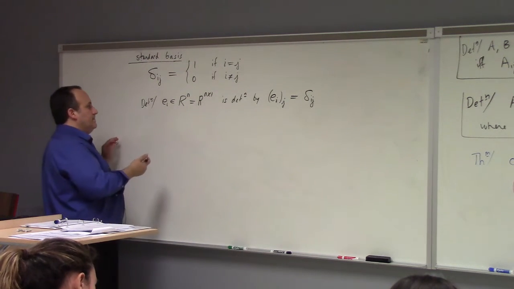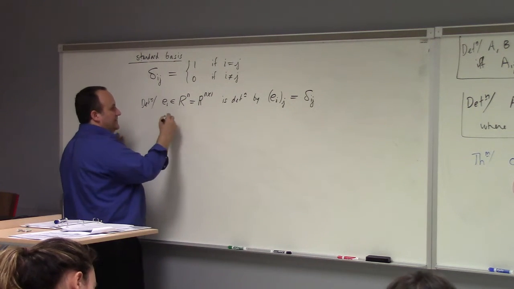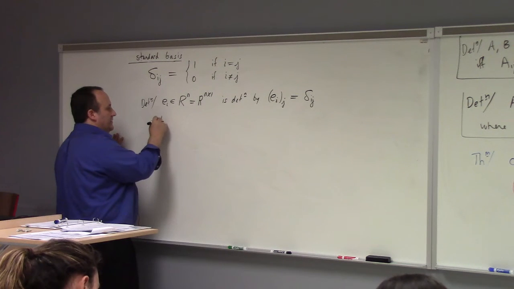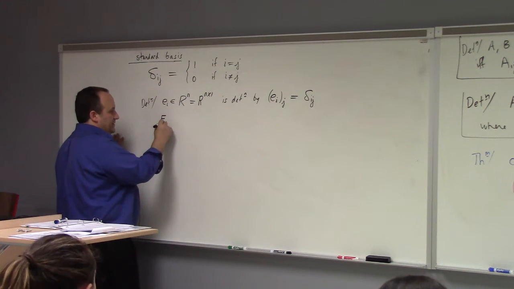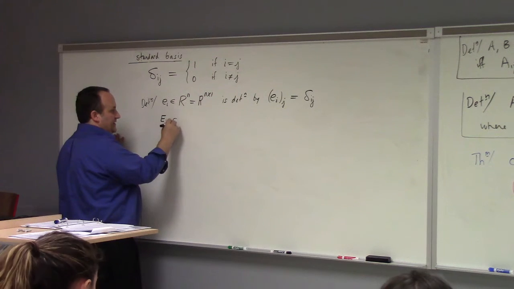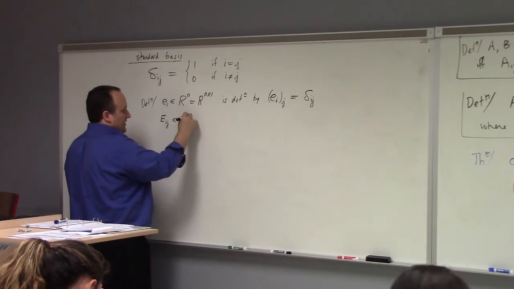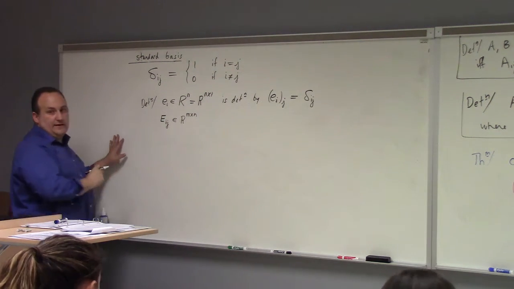And the other thing I wanted to define while I'm at it is E_ij, an element of R^(m by n). This is big E_ij, all right?